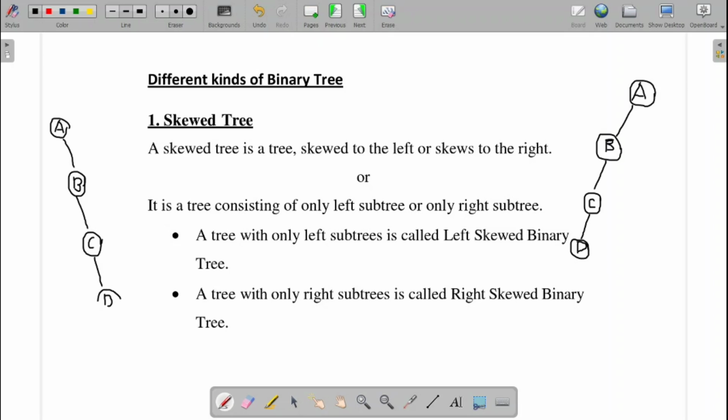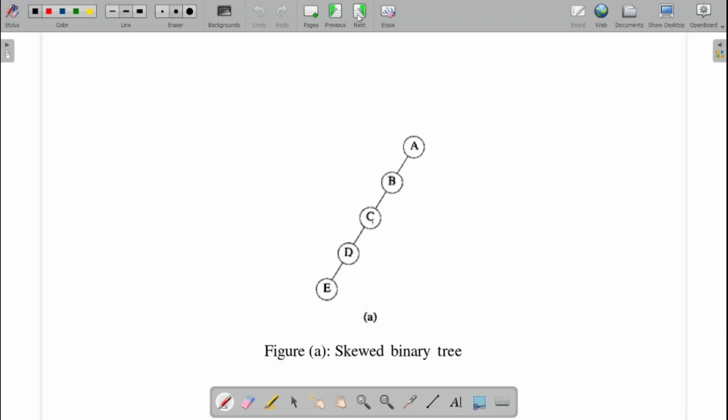By definition, a skewed tree is a tree skewed to the left or to the right, that is, a tree with only left subtrees or only right subtrees. A tree with only left subtrees is called a left skewed binary tree, and a tree with only right subtrees is called a right skewed binary tree. This is an example for the left skewed binary tree.